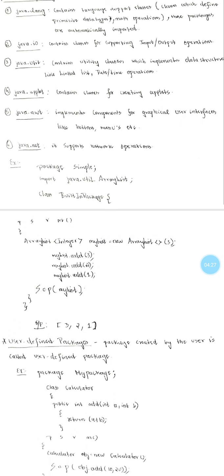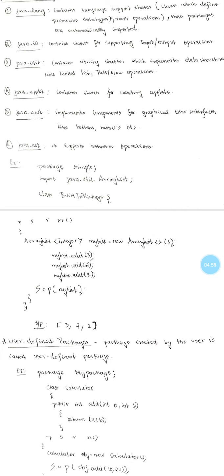Next we will see an example for a built-in package. I have written a package called simple. Within that package simple, I am importing java.util, and within that I am importing ArrayList. So that means within the package java I am calling the utility package which in turn is calling ArrayList.